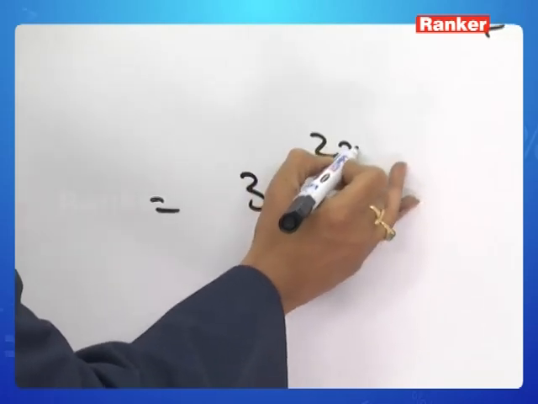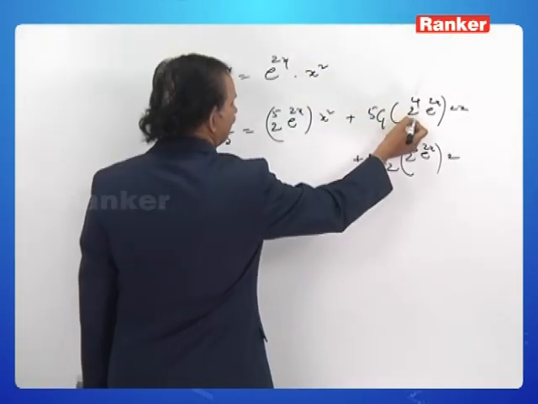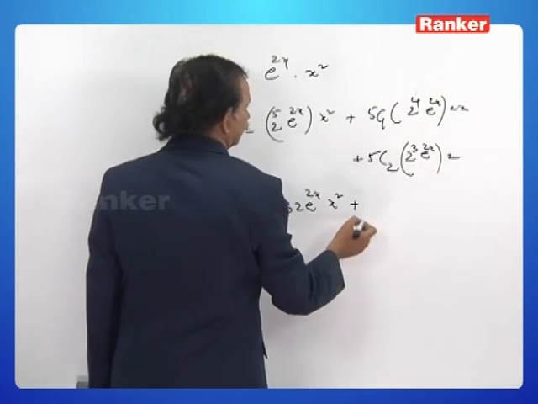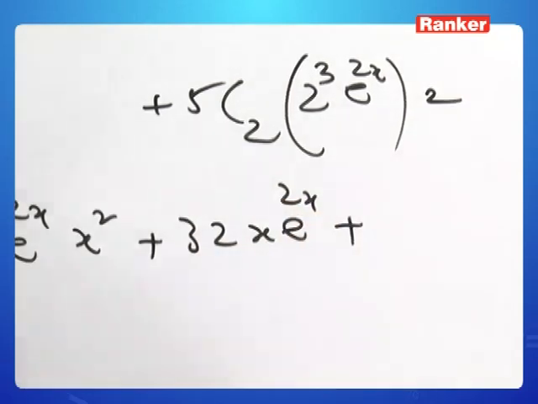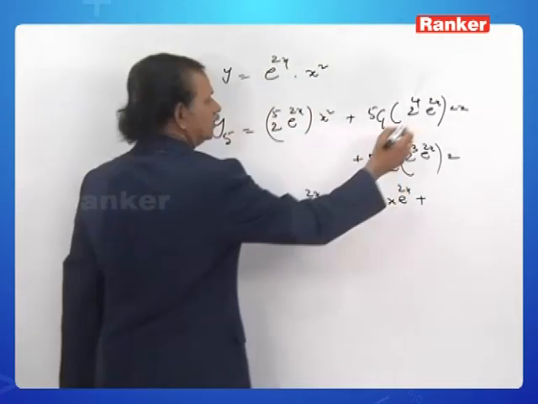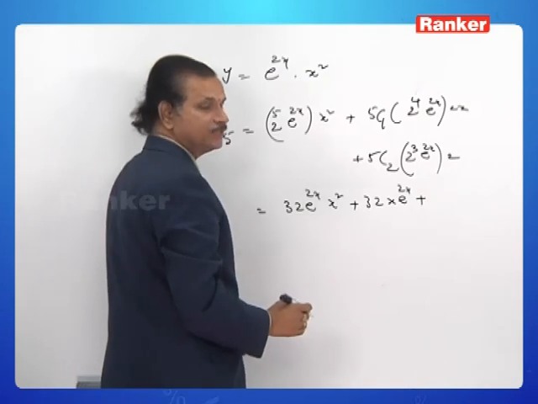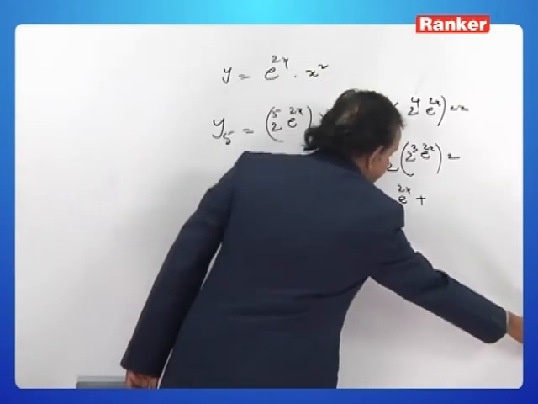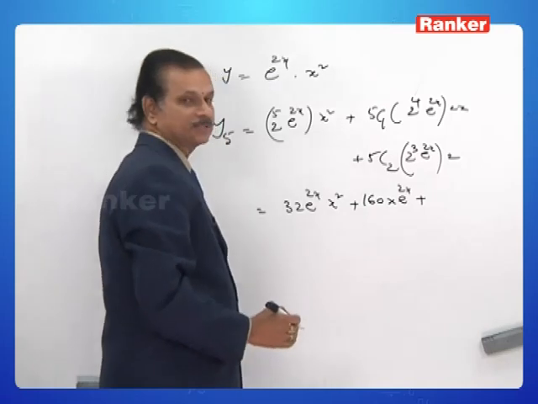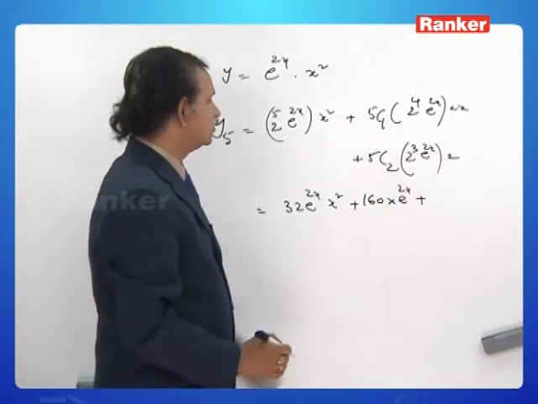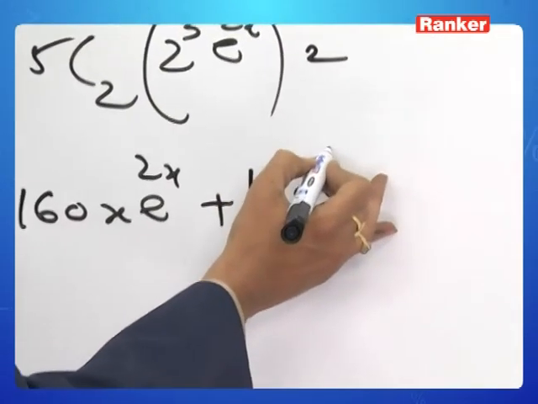So it is 32 e^(2x) into x squared, plus 5C1 is 10, 2^4 is 16, 16 into 2 is 32, so 320 x into e^(2x), plus 5C2 is 10, 2^3 is 8, 8 into 2 is 16, 10 into 16 is 160, so 160 e^(2x).